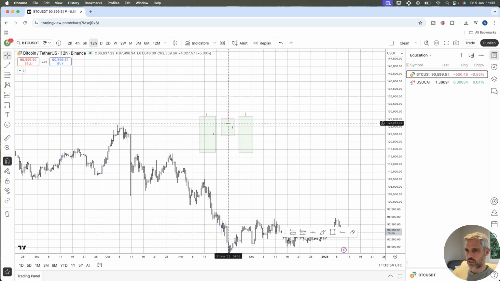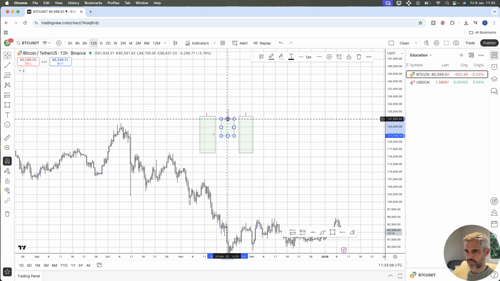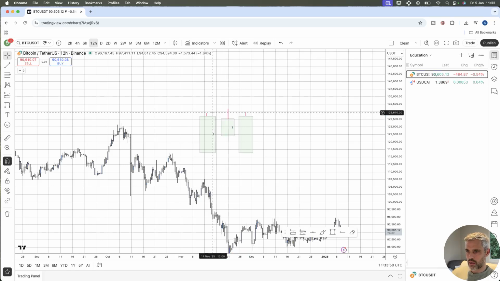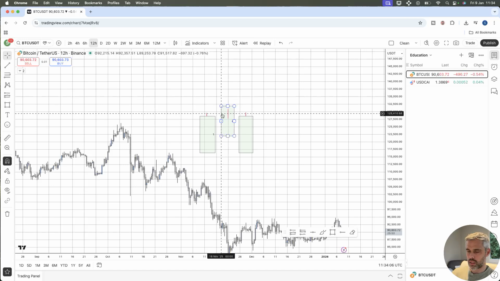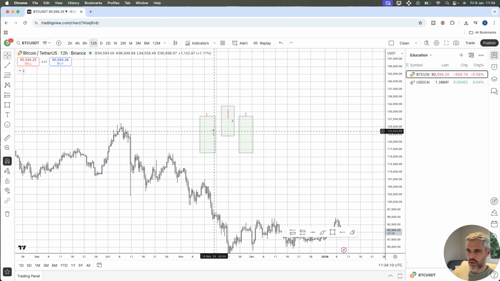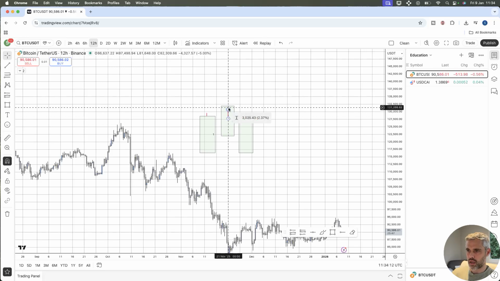Candle 2 now has 2 options. It can either trade above its range and close, in which case we can see that buyers are driving price beyond this candle range. There's demand above this high. Or it can do this.